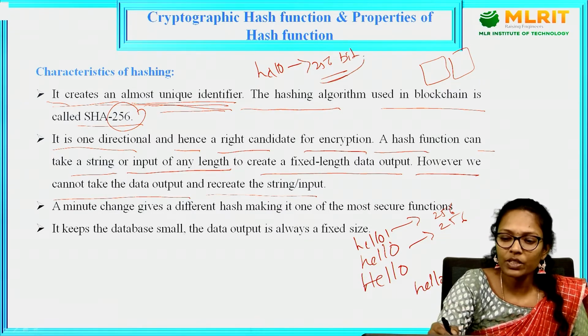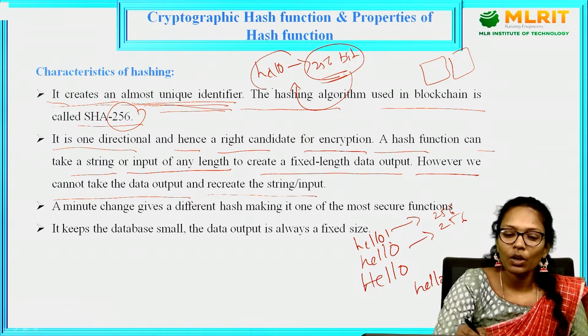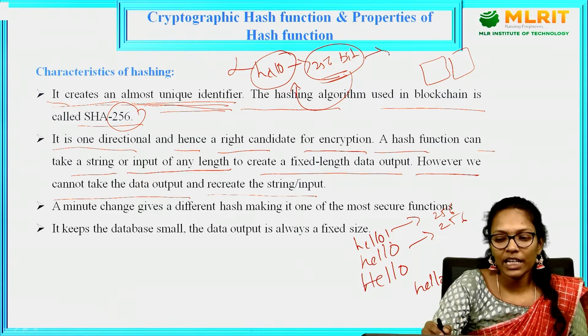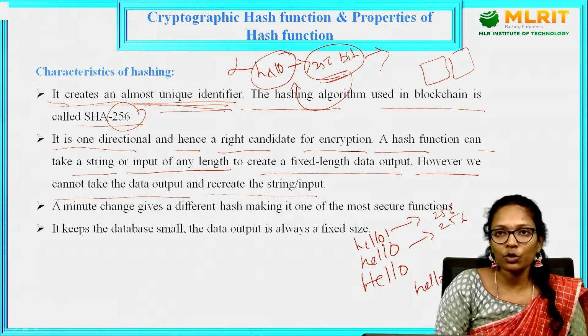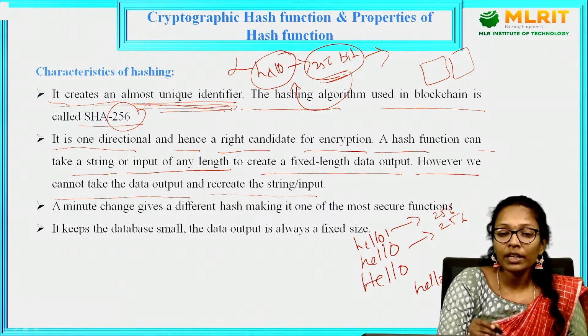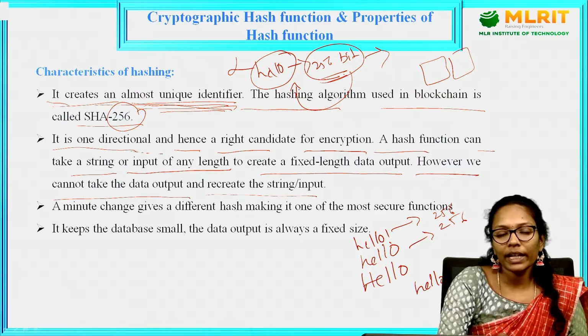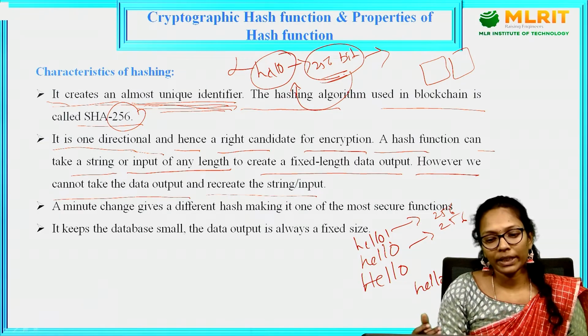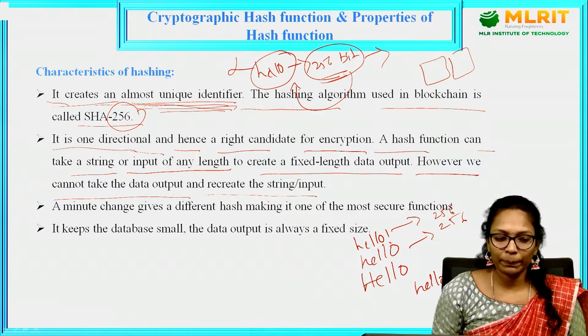Now, if I give this 256 bit data to the hash function, it will not generate the input back. So we can't find whether this hash code is for hello or for hello MLR IT. So it provides a unique identifier, and it also has the one directional feature. That means from the input you can generate the output, but by taking the output you can't get the input back.